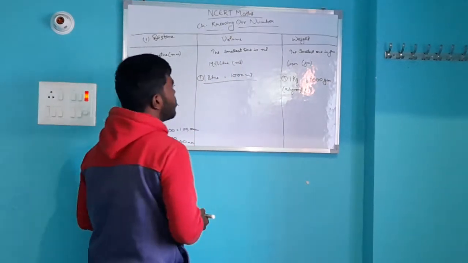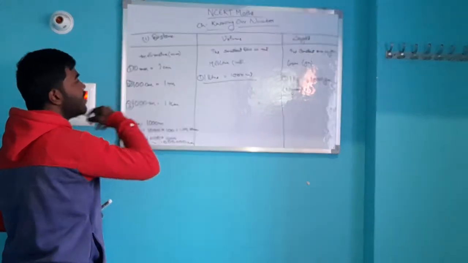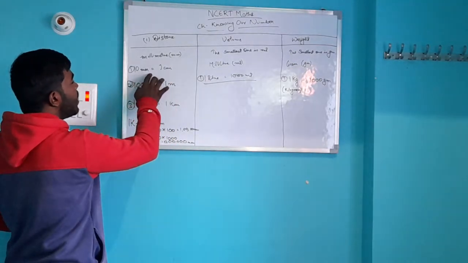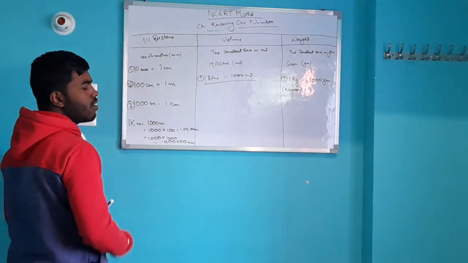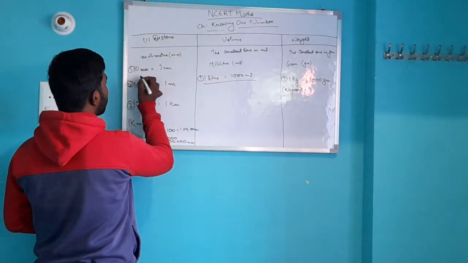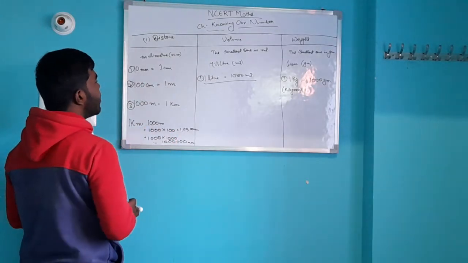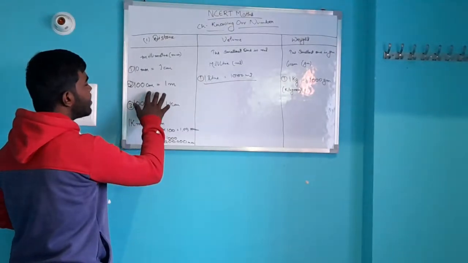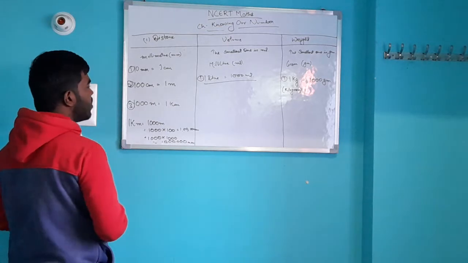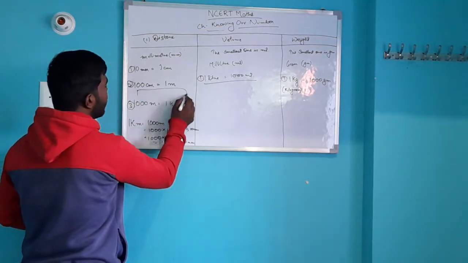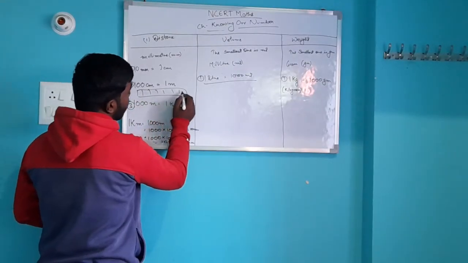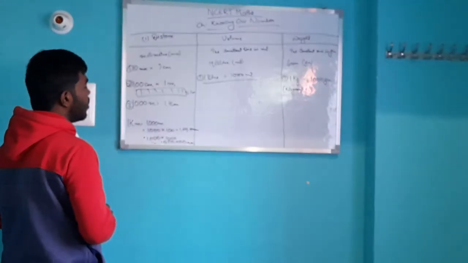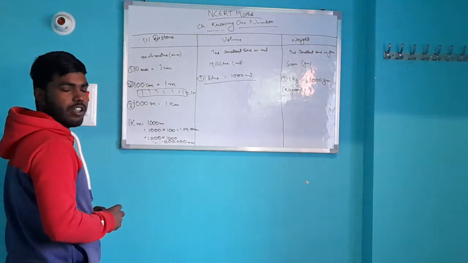I repeat these units again. In distance, the smallest unit is millimeter, and 10 millimeters equals 1 centimeter, which means 1 centimeter equals 10 millimeters. And 100 centimeters equals 1 meter, and 1000 meters equals 1 kilometer.